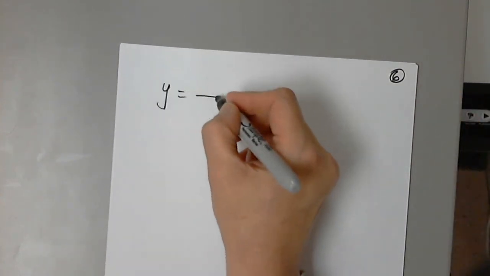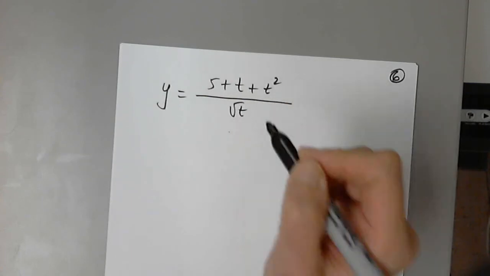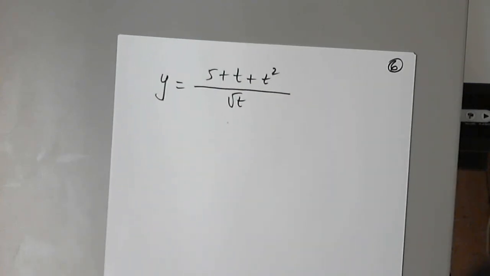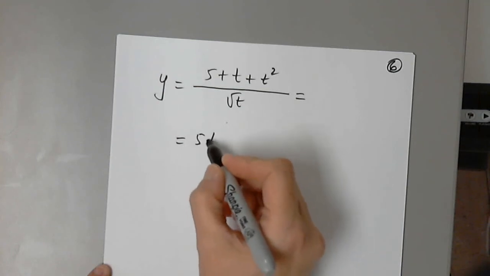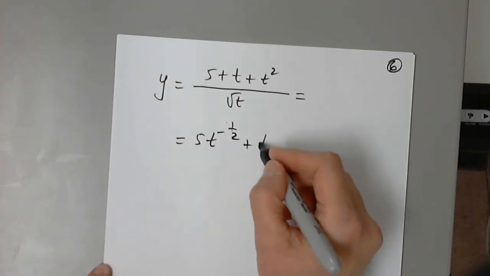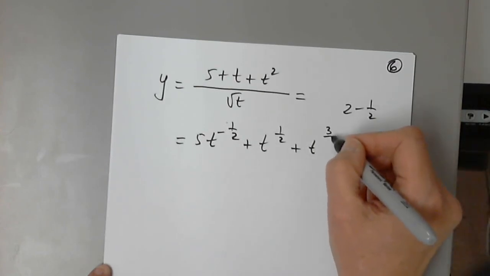So y equals, one more time, 5 plus t squared over the square root of t. Is that correct? Yeah. Okay, so we will separate it as 5t to negative 1/2 plus t to 1/2 plus t to 2 minus 1/2, which is 3/2.